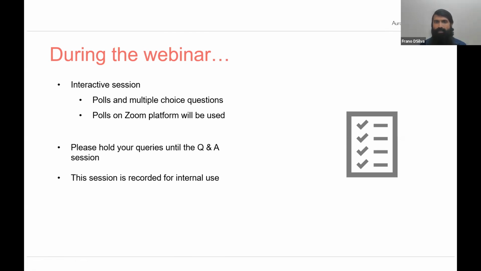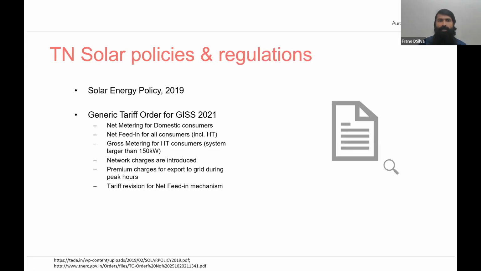These boundary conditions are provided to us by the solar energy policies and the related regulations. As we are going to talk about the commercial and industrial users in Tamil Nadu, the solar energy policy for Tamil Nadu and the regulations for the solar energy policies will be discussed briefly.